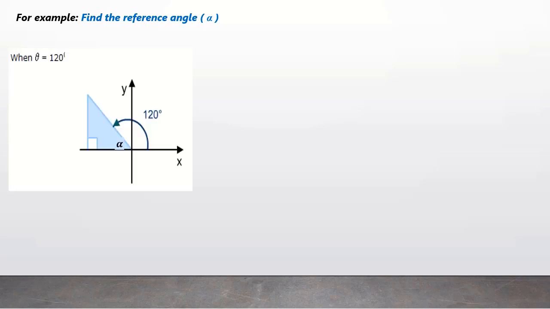For example, when we have theta of 120 degrees, which is in the second quadrant here, to find the angle alpha, we may use 180 degrees subtract 120 degrees, and we will get the reference angle alpha of 60 degrees.